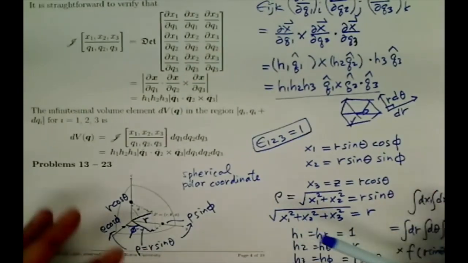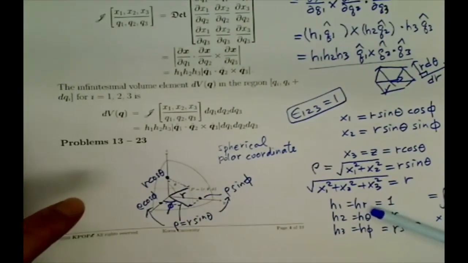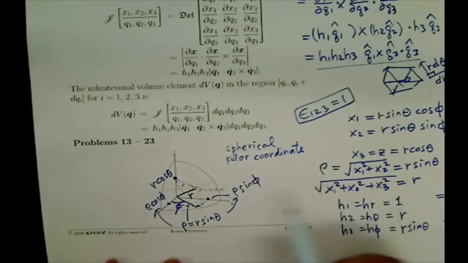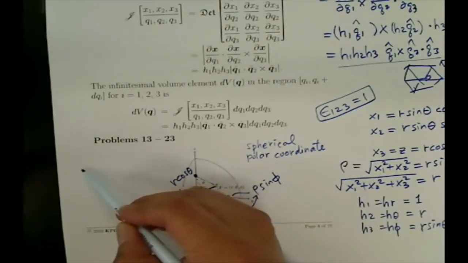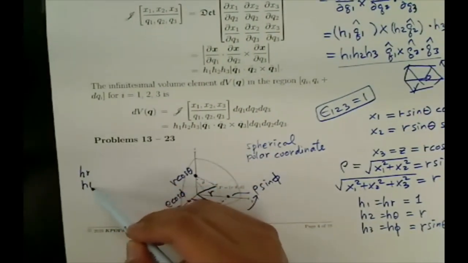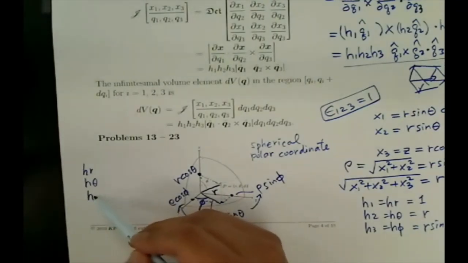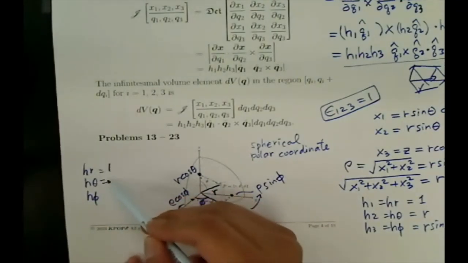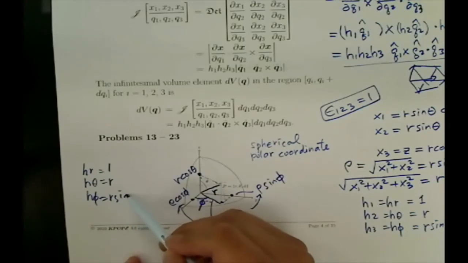For example, in spherical polar coordinates, hr, h theta, h phi are 1, r, and r sine theta.